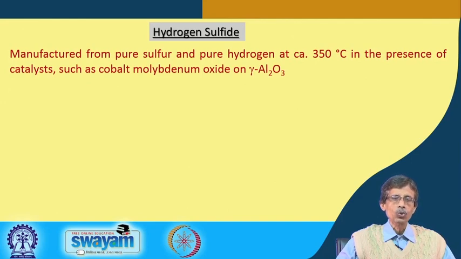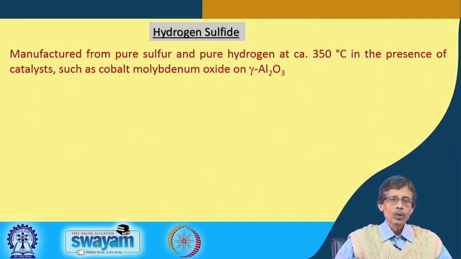Now we are moving in the opposite direction. What will you do? We simply reduce the elemental sulfur, the yellow colored solid powder, with hydrogen gas.